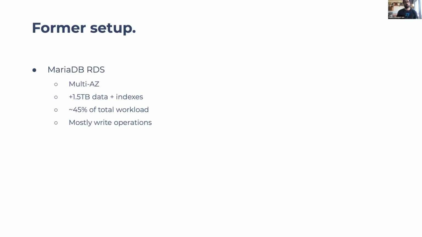The former setup of transfer service was based on a MariaDB RDS cluster deployed on multi-availability zones. It was hosting over 1.5 terabytes of data plus indexes. Audit logs were responsible for nearly 45% of total workload, and it was handling mostly write operations.